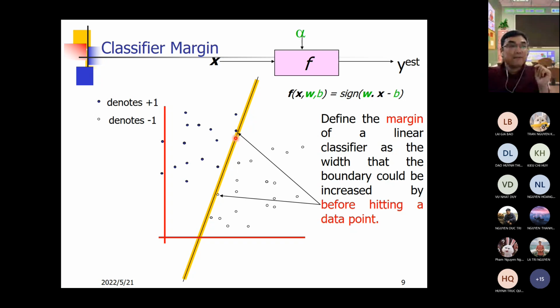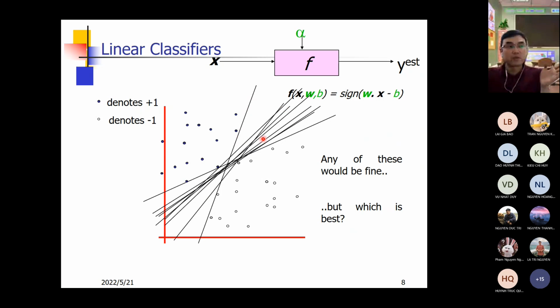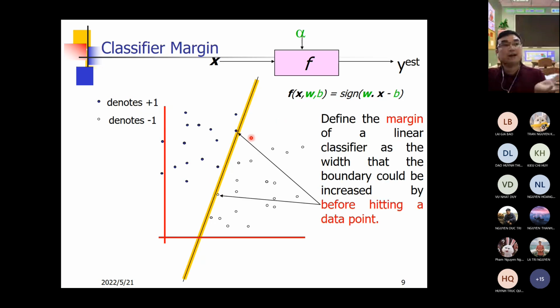That means why? Because when we make a decision about the hyperplane, we need to define which is the largest margin between the closest data points of these two classes.